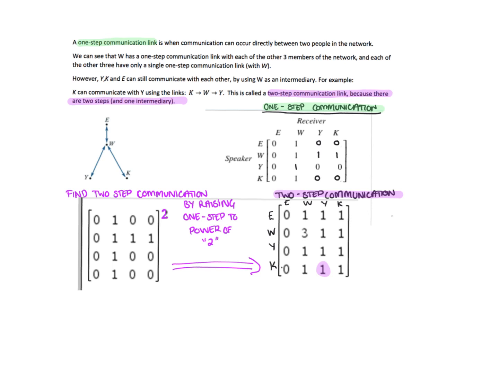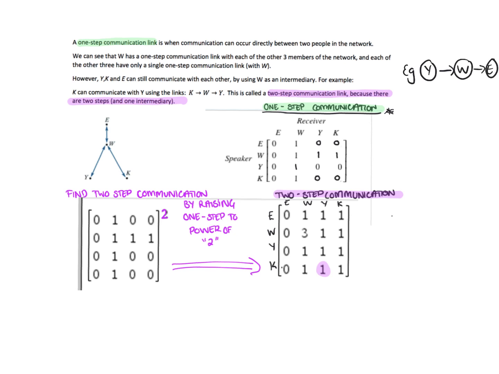So we've shown you here the 1-step communication matrix. Now, we are also going to look at 2-step communication. 2-step communication means how can I get a message there in 2 steps. For example, if Yummy wanted to get a message to Eva, Yummy had to go to Wong and then to Eva.